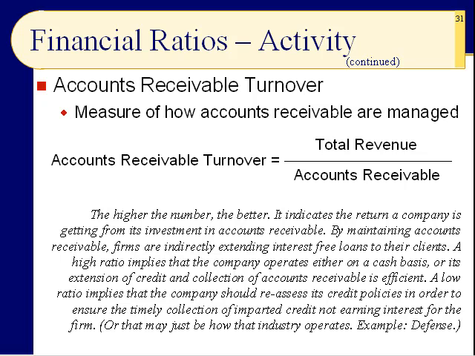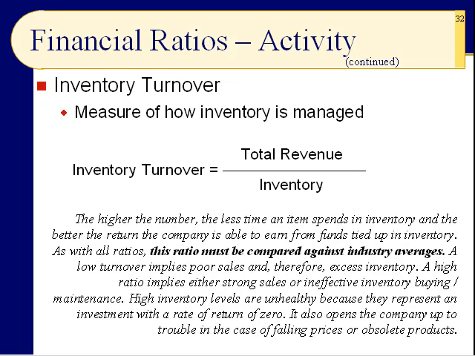But now let's take a look at the inventory turnover, because this one is a little bit more important in that inventory, as we said, can become obsolete, and we don't like that. So we take the total revenue and we divide it by the inventory. So our total revenue, again, is $160,340.